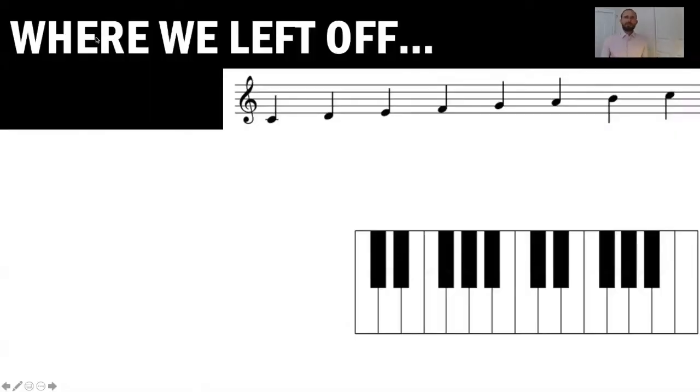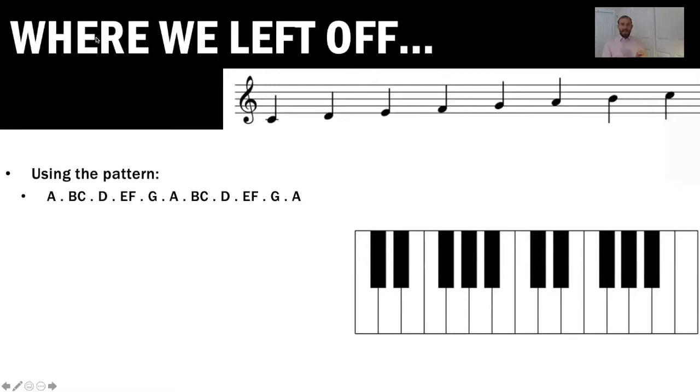Where we left off is that we were looking at a scale and using this pattern of A, space, BC buddies, space, D, space, EF, space, G, space, A, and then it repeats, right? So you always have these buddies, BC and EF. We figured out that there are patterns of whole steps and half steps.